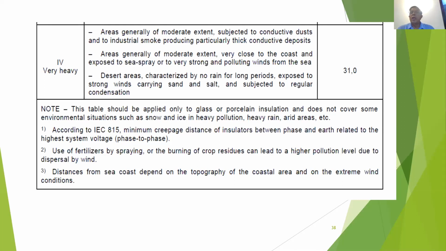So if you use 25 millimeter per kV for heavy pollution, then you multiply 25 by 145 to decide the creepage distance of an insulator string of the transmission line.